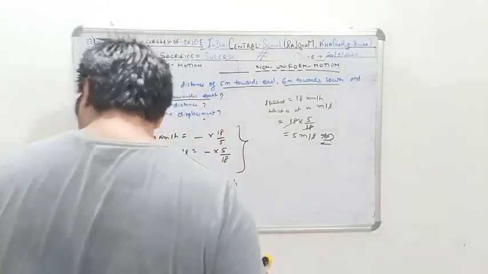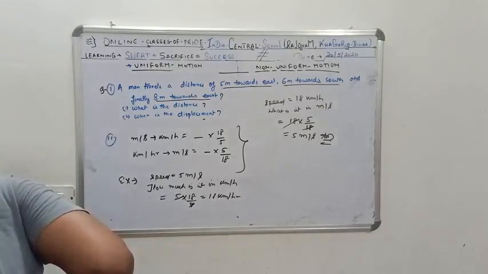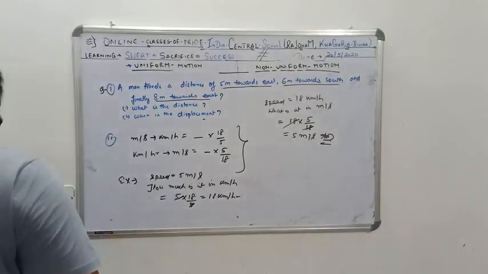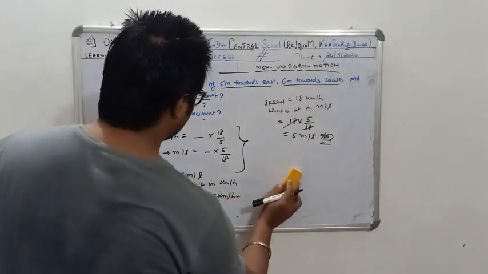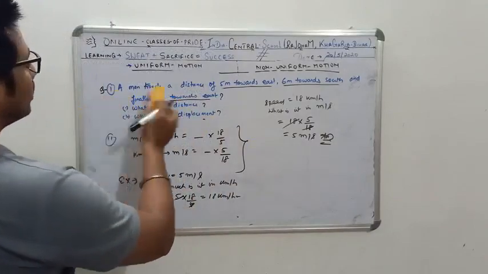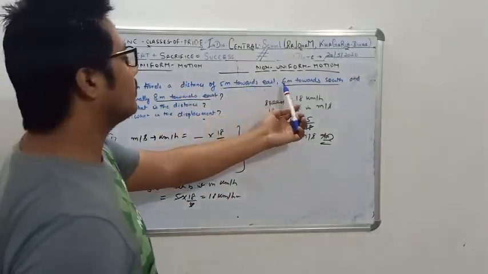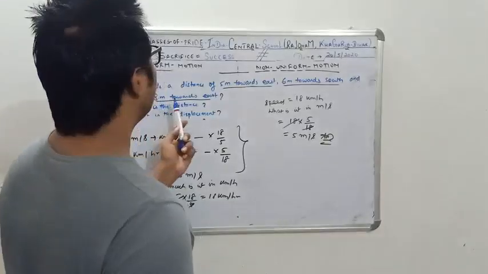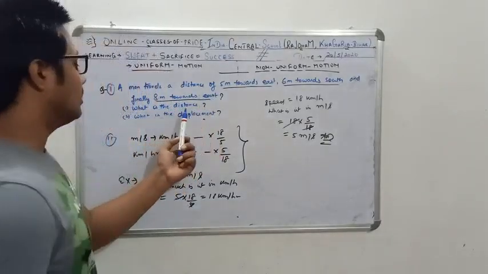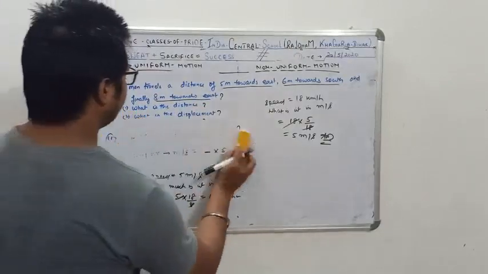Okay. So now we will be moving ahead, and there is a question which I will be giving you. You might have written this question. A man has traveled a distance of 5 meters towards east, 6 meters towards south, and finally 8 meters towards east. So what is the distance and what is the displacement?